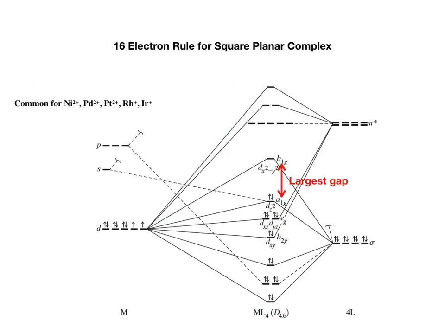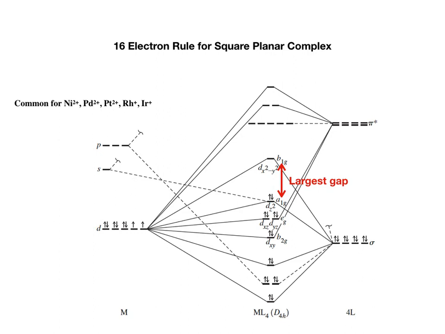All right, so the 18 electron rule applies to octahedral complexes. For square planar complexes, there's a similar rule, but instead of 18, we have a 16 electron rule here. The reason for the 16 electron rule is similar to the previous case in that it lies in the electronic structure. Shown here is the D4h ML4 complex MO diagram. You'll notice that the largest gap in this complex is between the a1g and b1g.